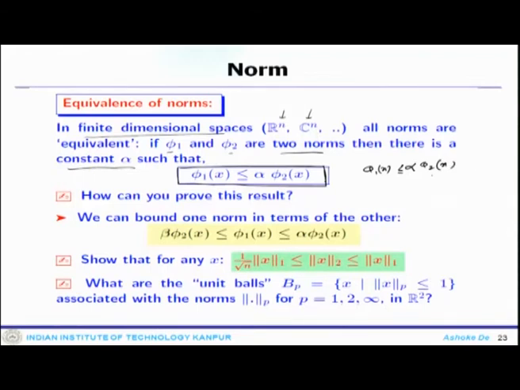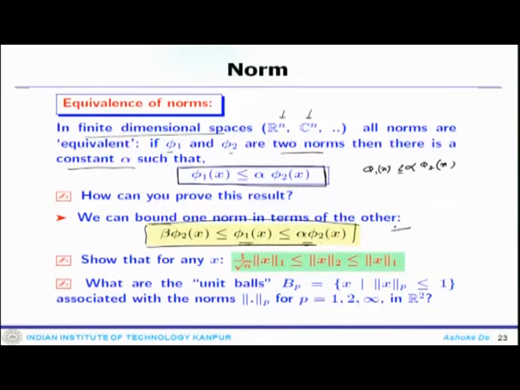Now, you can prove these things; one has to look at it in linear algebra. We can bound one norm in terms of the other also. Similarly, if you have a scalar multiplied with phi 2, then beta phi 2 of x must be less than or equal to phi 1 of x, which is also less than or equal to alpha phi 2 of x.